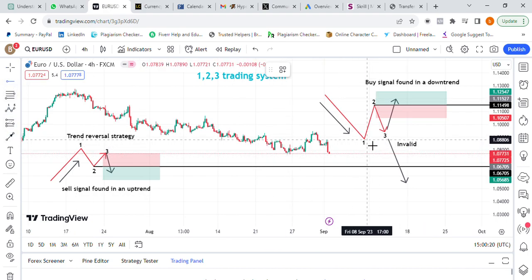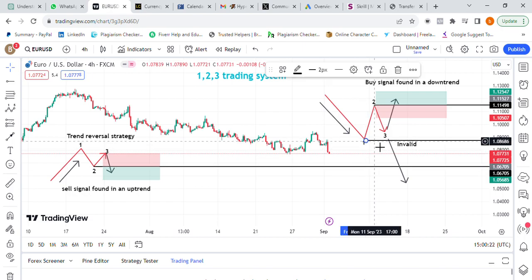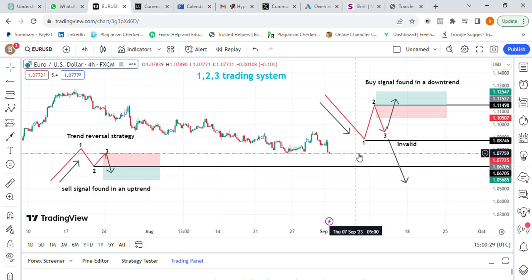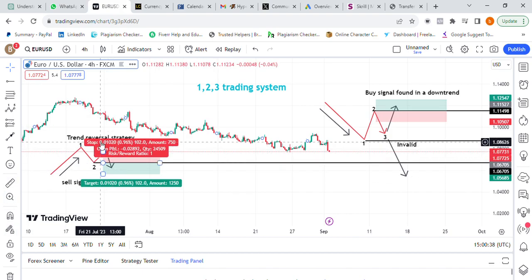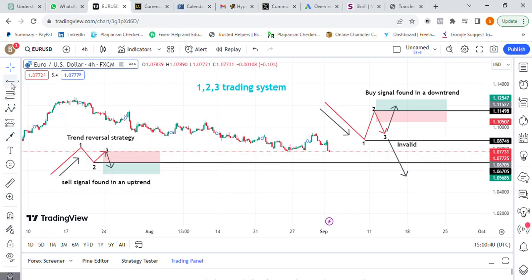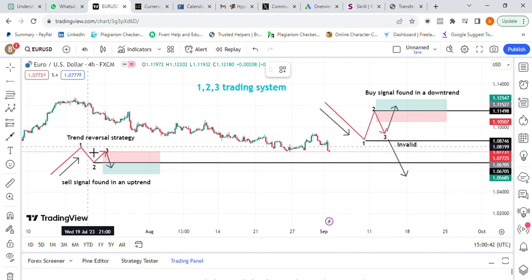If it goes here, buy signal. If it goes below here, invalid. That's how it works. So same with this one as well. If it goes above this, invalid. Goes above this is invalid.